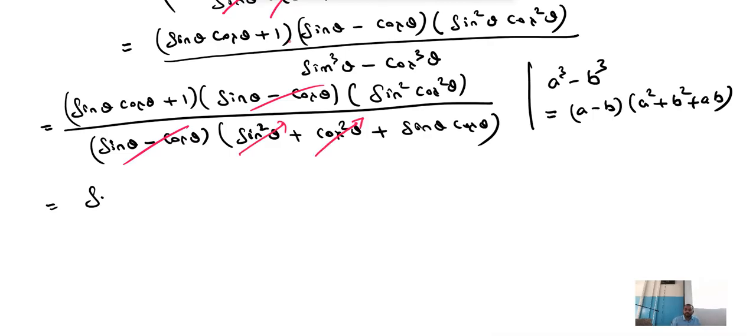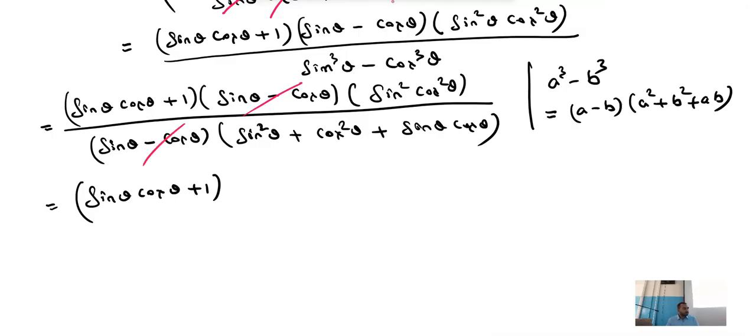Correct? Let me do one thing. If not, you'll get confused. Step by step we'll do it, because many cancellations are here. That's the reason. Now first and foremost, we write sin theta into cos theta plus 1 as it is. Now step 1: this sin theta minus cos theta and this sin theta minus cos theta get cancelled.